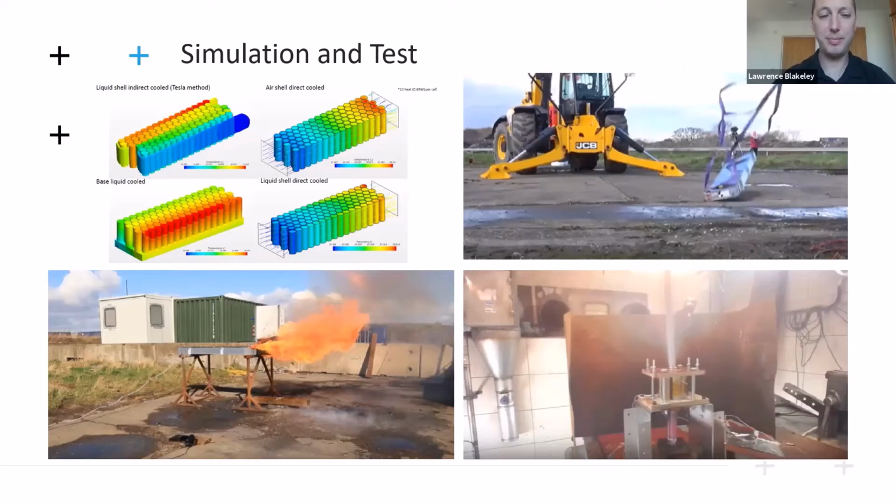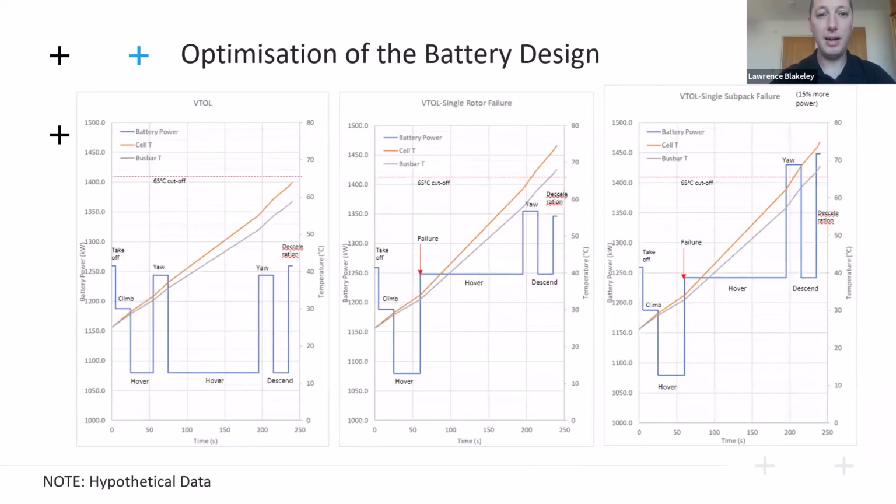It certainly provides some of the more entertaining testing that we get to do at Vertical. Now looking at the modeling, I will note it's hypothetical data. So I'm sure there'll be a few people taking some of the power numbers that are portrayed here, but they're for the purposes of this presentation, I will stress.